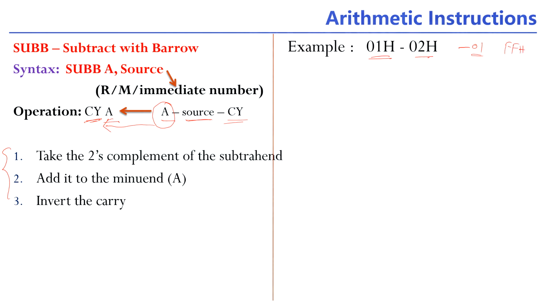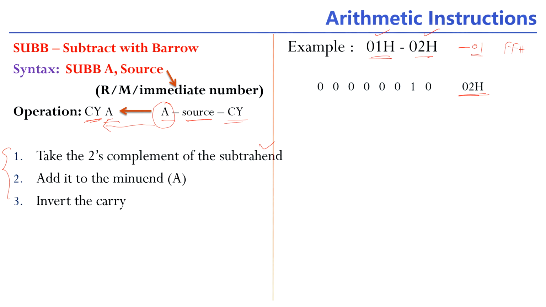Then as per our algorithm, first we need to take the 2's complement of the subtrahend. This is the subtrahend, this is the minuend. The subtrahend should be converted to 2's complement form first.